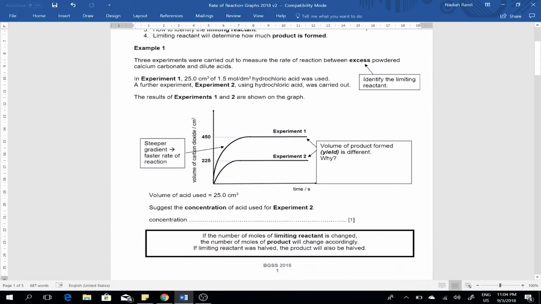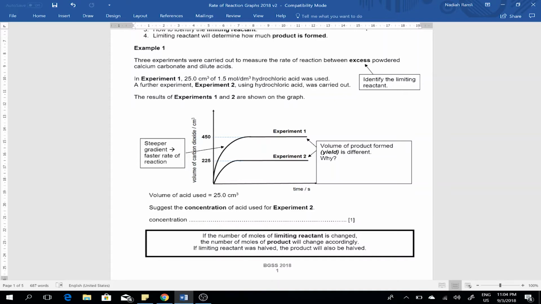3 experiments were carried out to measure the rate of reaction between excess powdered calcium carbonate and dilute acids. Okay, in experiment 1, 25.0 cm3 of 1.5 mol per dm cube hydrochloric acid was used. A further experiment 2, using hydrochloric acid, was carried out.